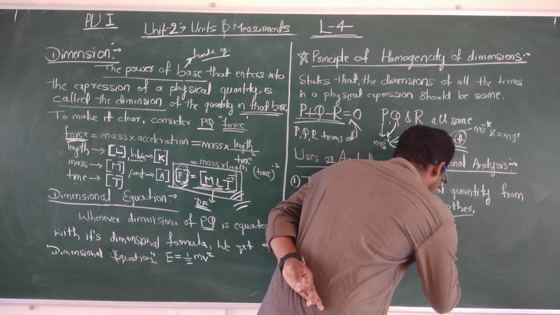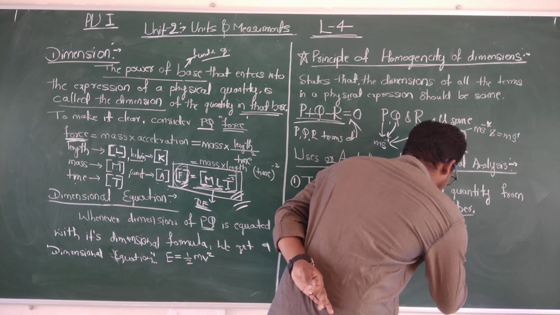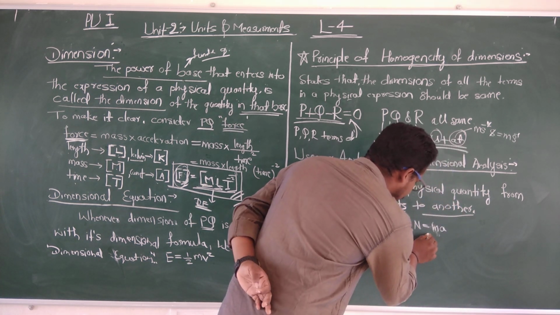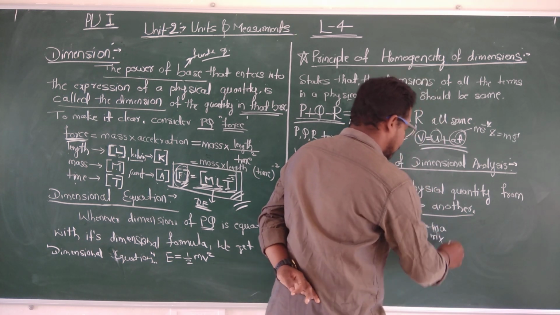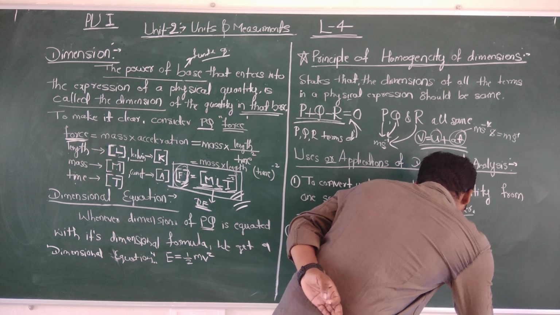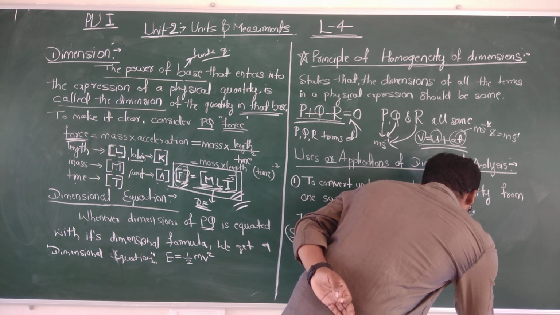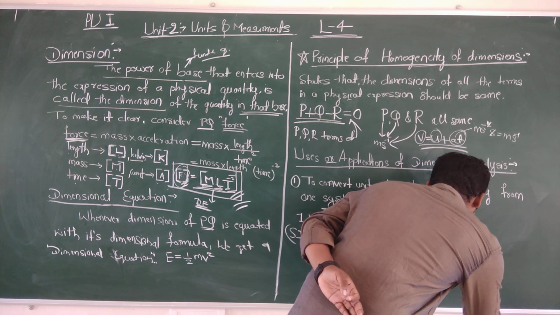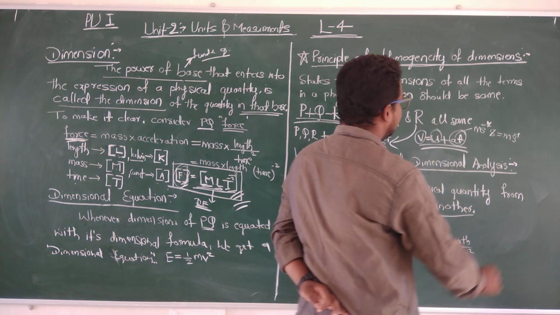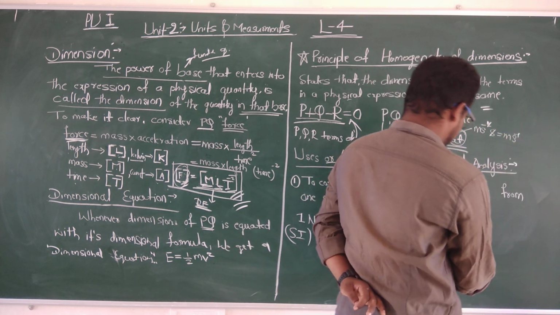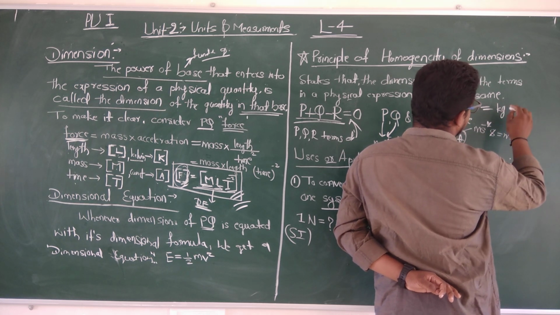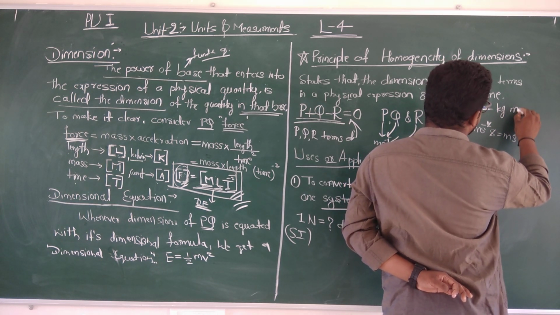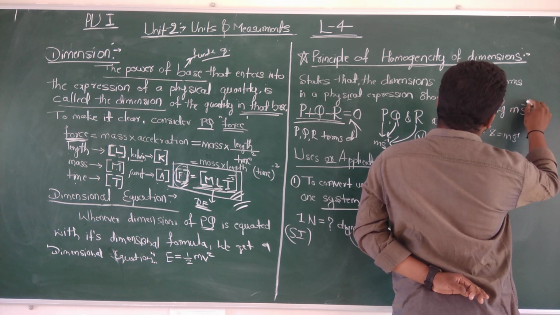First we write mass into acceleration to understand it. Mass into acceleration means mass times meter, that is length, by time square. So we write mass in kg, length in meter, and time in second square.